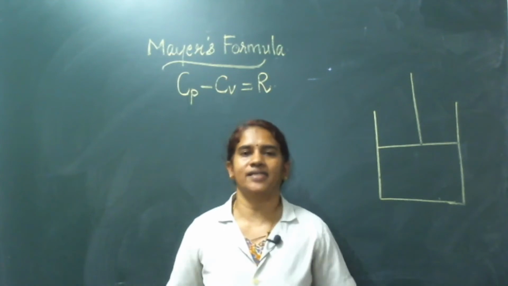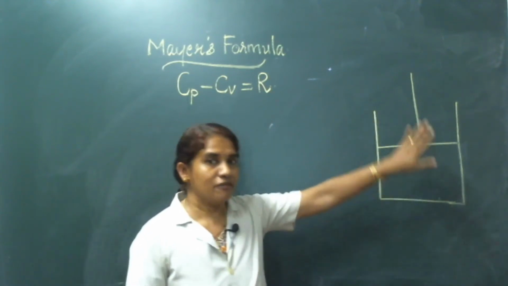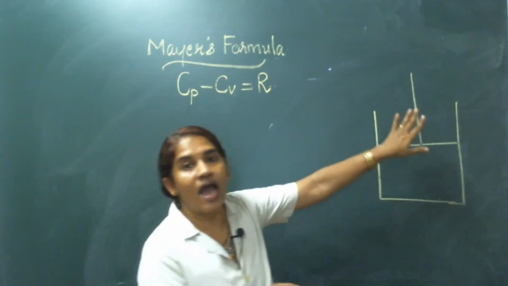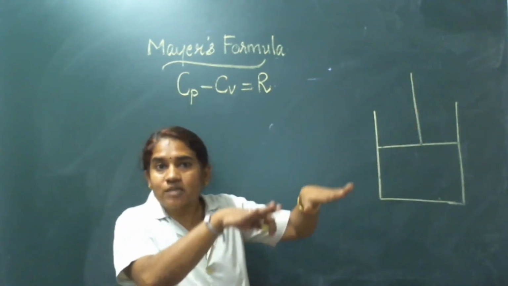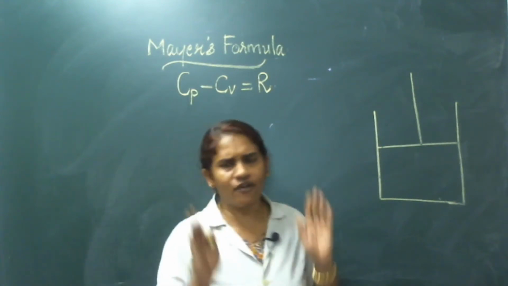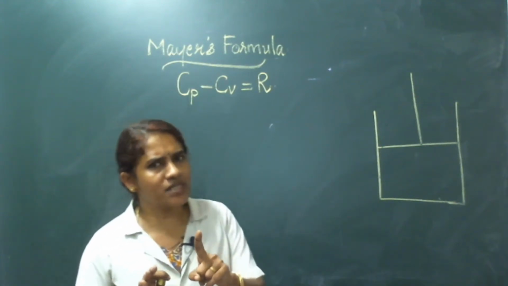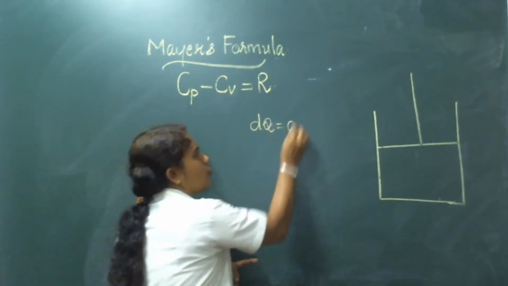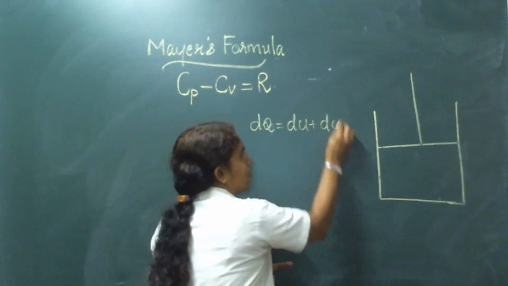Okay then. Now let us start. For that diagram, first we are keeping some weights over here and allowing the gas to expand at constant volume. Before that, what is the first law of thermodynamics we have studied? dQ is equal to dU plus dW, the first law of thermodynamics.